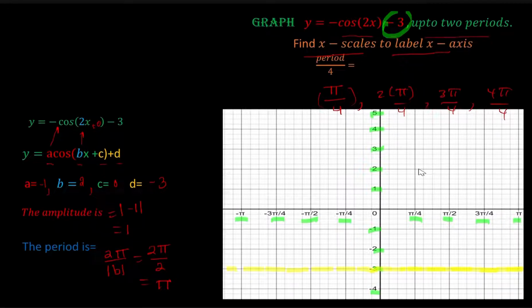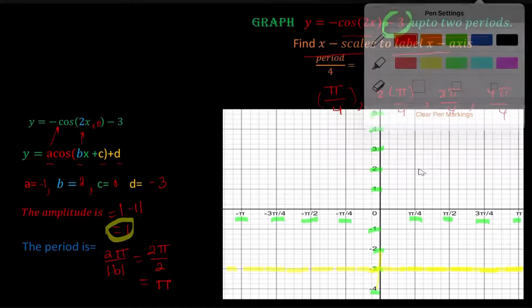And then from the midline, you really have to pay attention to your amplitude. The amplitude is really the distance from the midline, 1 unit up and 1 unit down. Now all you have to do is draw 2 more lines, and that would really help you to identify the range of your graph.